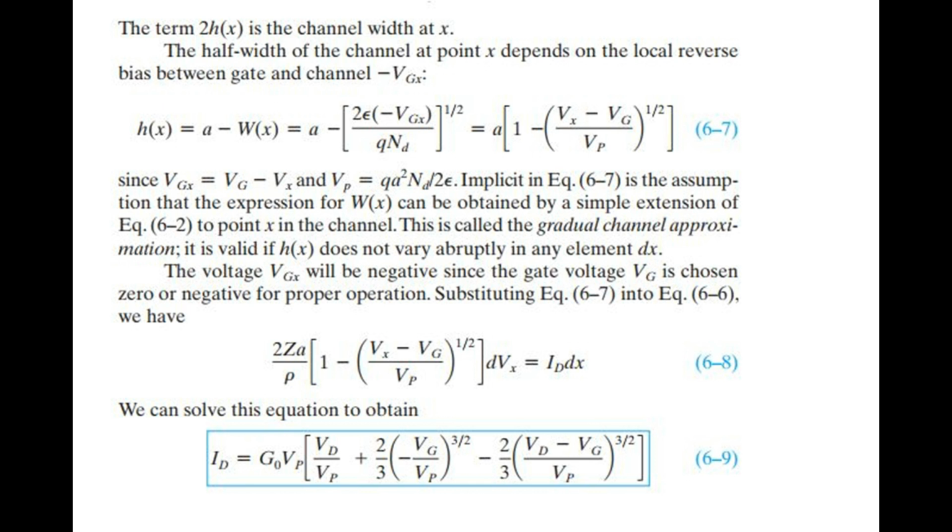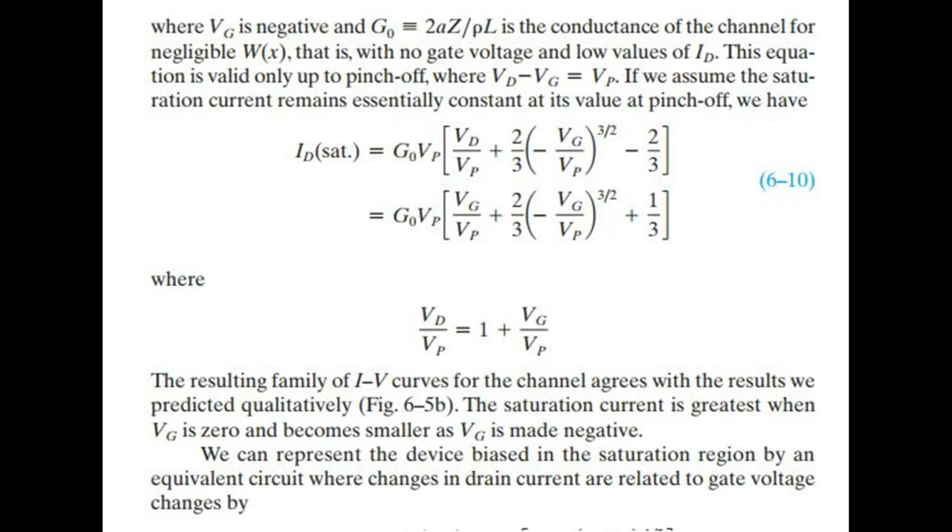Substituting Eq 6.7 into Eq 6.6, we can solve this equation to obtain ID, where Vg is negative and G0 equals 2aZ over rho L is the conductance of the channel for negligible W(x), that is, with no gate voltage and low values of ID. This equation is valid only up to pinch-off, where Vd minus Vg equals Vp.